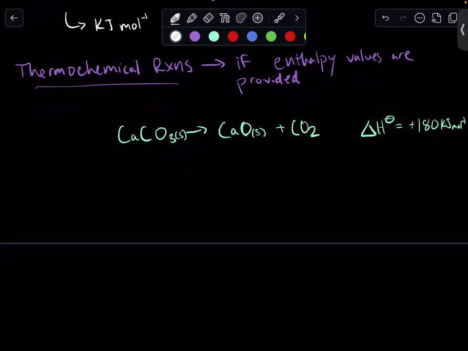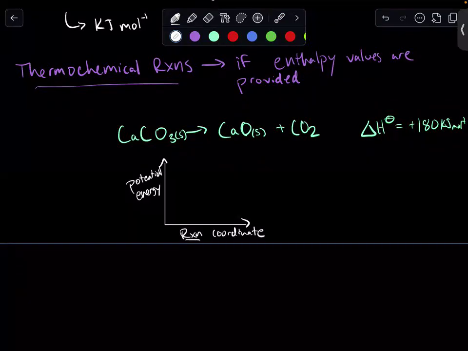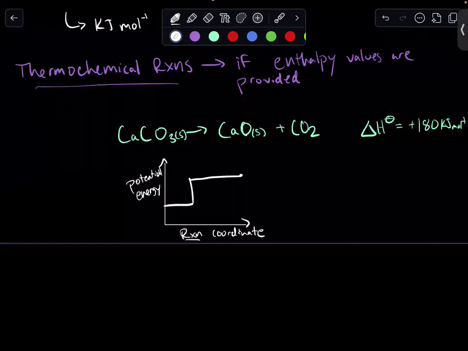If we were to look at an energy profile for this, or if you're asked to draw an energy profile diagram, it's quite simple. We have our potential energy, and we have our reaction coordinate. Now, on a DP exam, don't abbreviate reaction. I just do it because I'm trying to be quicker.